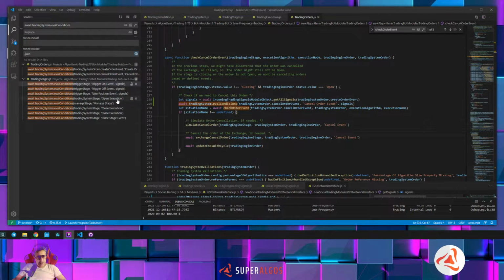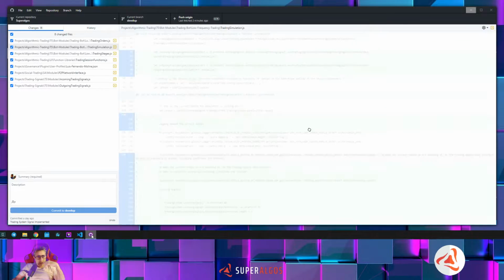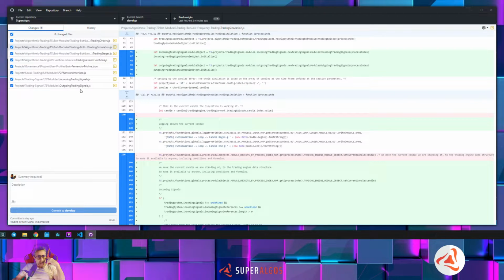So what can we see here at this list? We have this covered, okay, but we have all these other situations that are still not covered. Okay, let me check where we are in terms of changes.